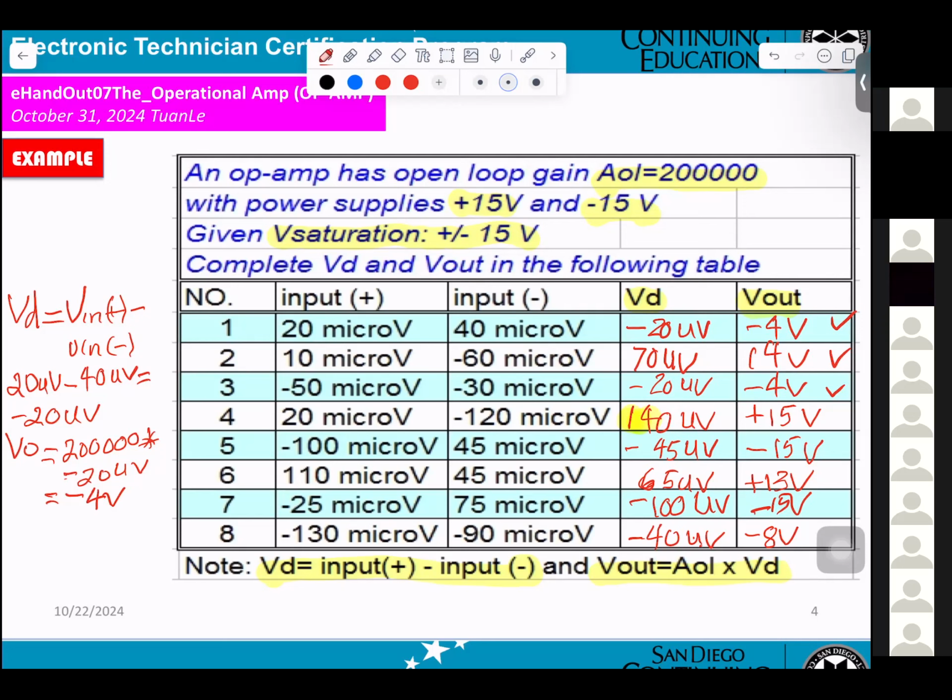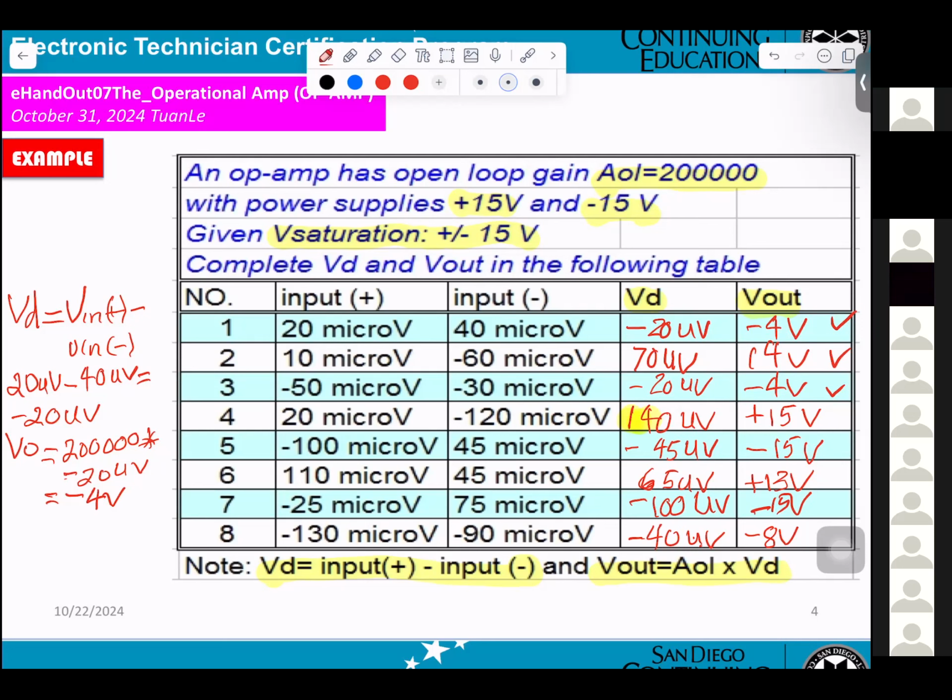Do you have any question about calculation for this example? Again, I'm telling you, the output of the op-amp, Vout, cannot be higher than V saturation.